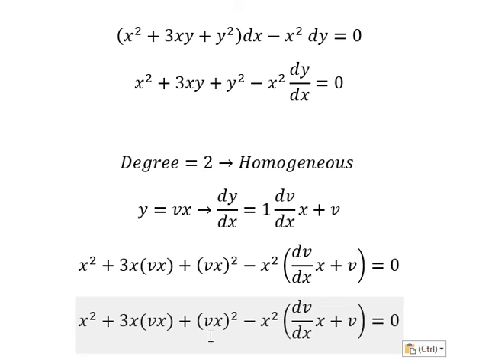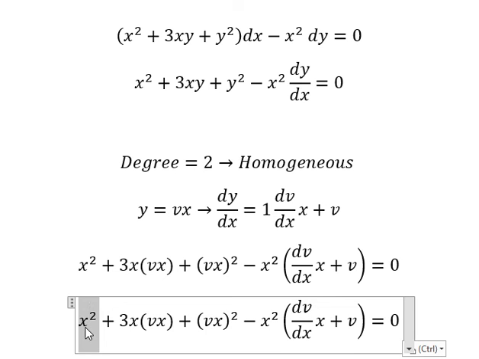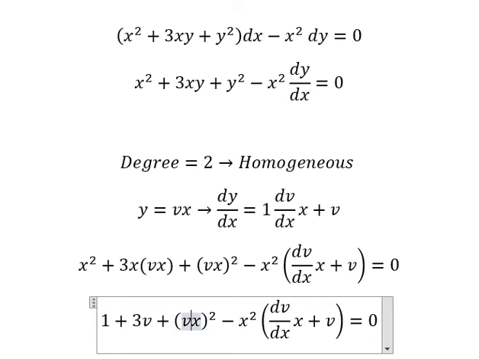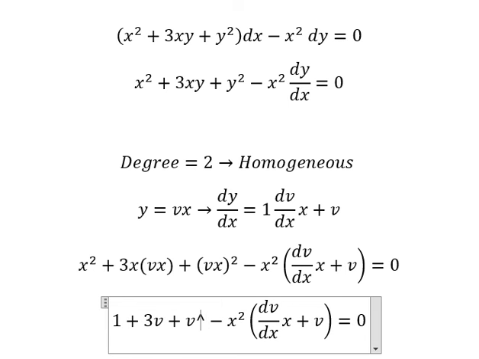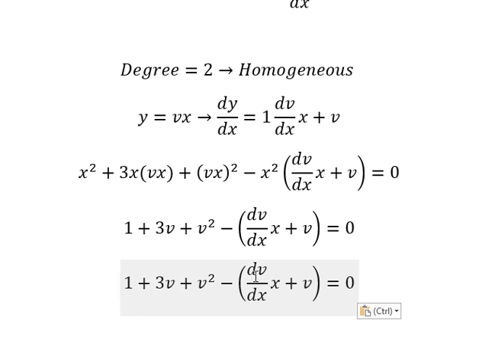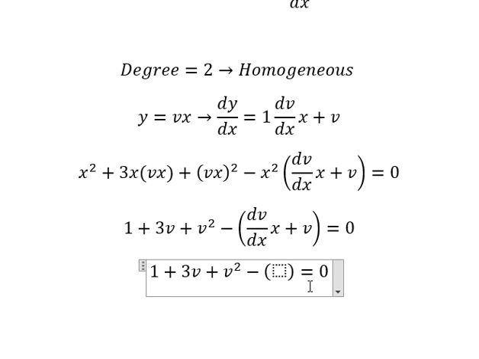Next, we need to simplify x squared for both sides. Now we need to open parentheses.